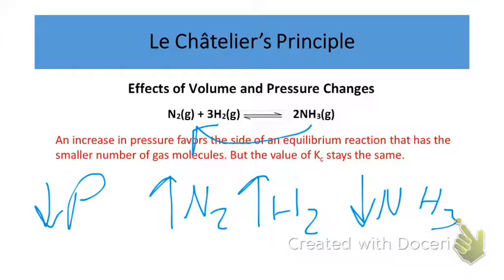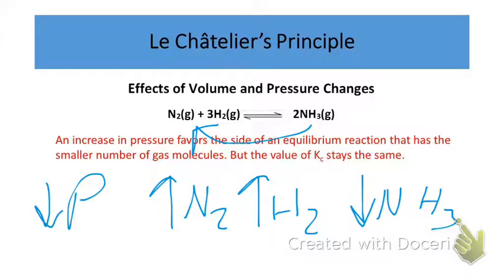I think the thing you need to think about is that anytime I increase the pressure on an equilibrium system, the equilibrium is always going to shift to the smaller number of moles of gas. If you can remember that, I think you'll have it down. So increased pressure, always shift to the smaller moles of gas.